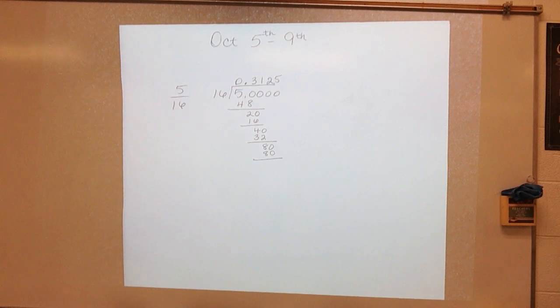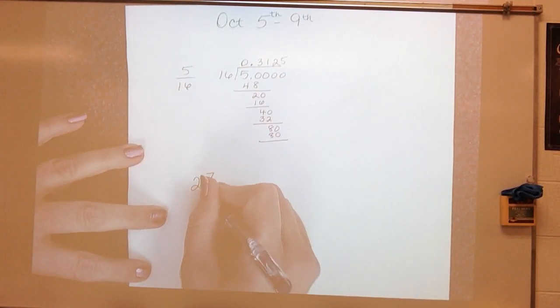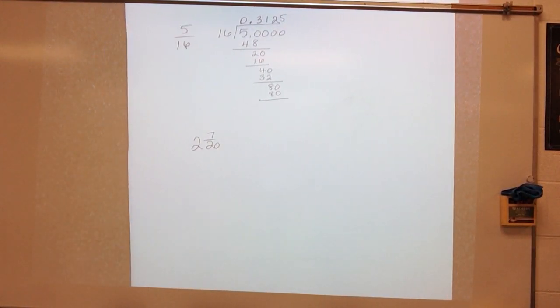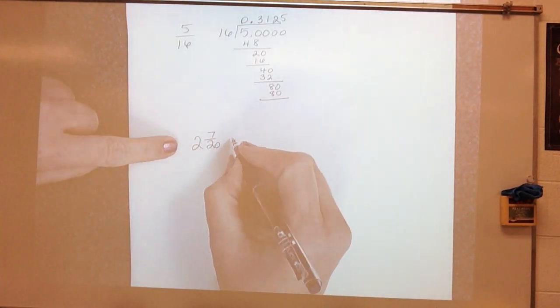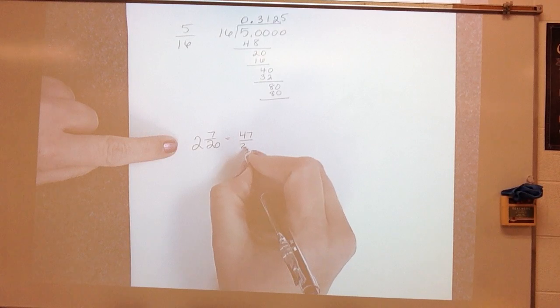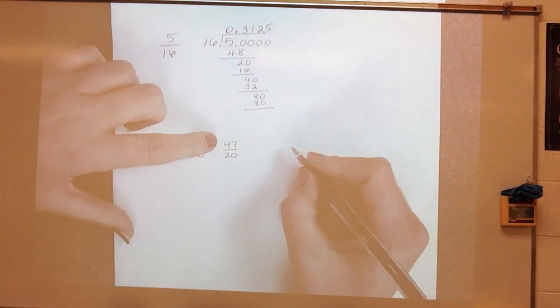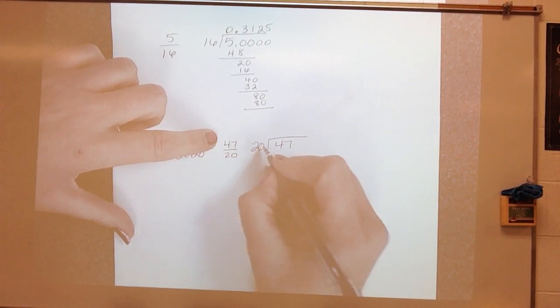All right, let's look at this one. Let's look at 2 7/20. Well, the very first thing that I would do is convert this to an improper fraction. We have talked about how to do that. 20 times 2 is 40, plus 7 is 47 over 20. Once again, now all I'm going to do is divide 47 by 20.